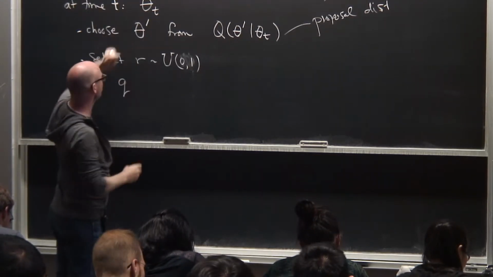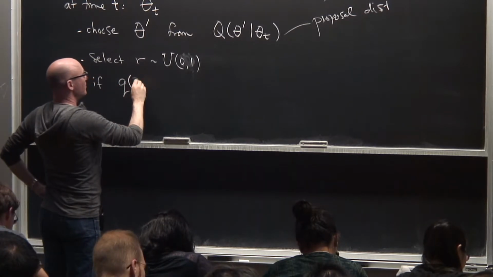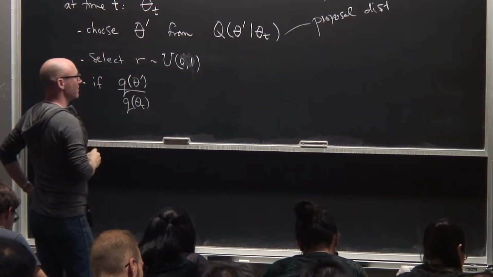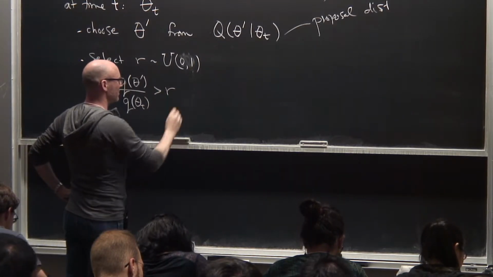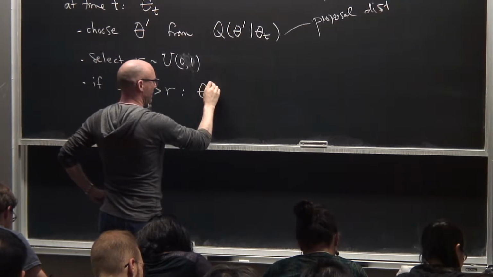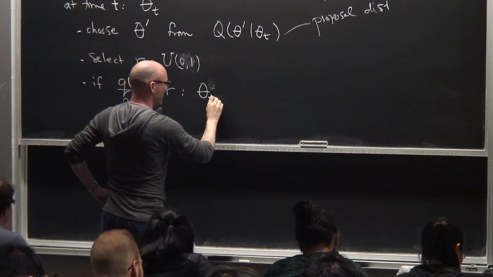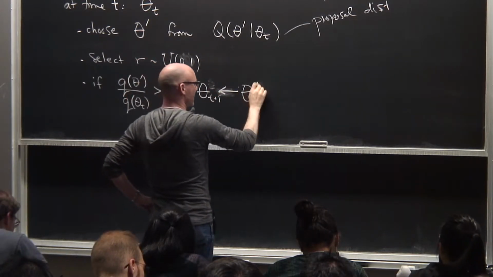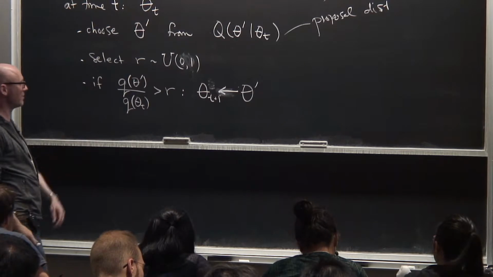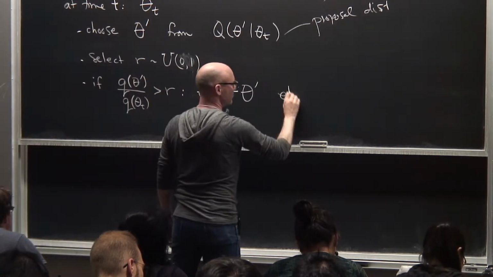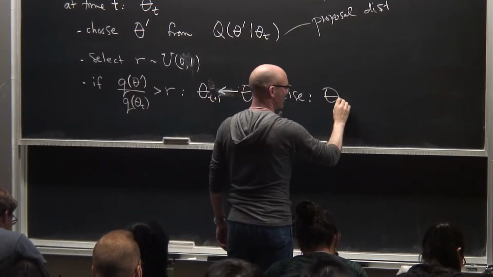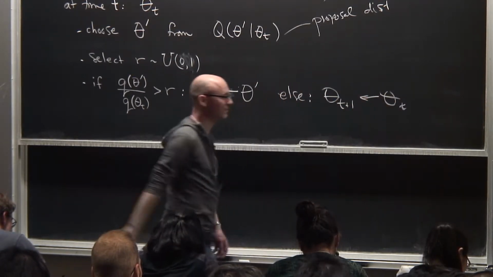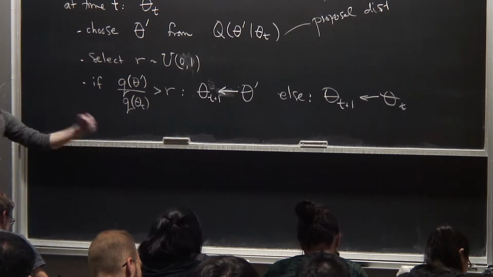If little q of theta prime over little q of theta t is greater than R, then theta t plus 1 gets assigned the value of theta prime, else. That is the complete MCMC method.